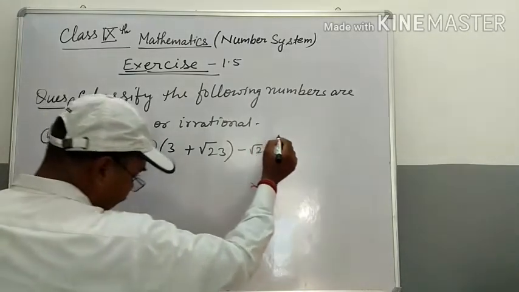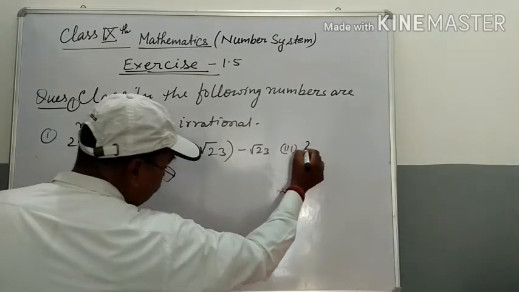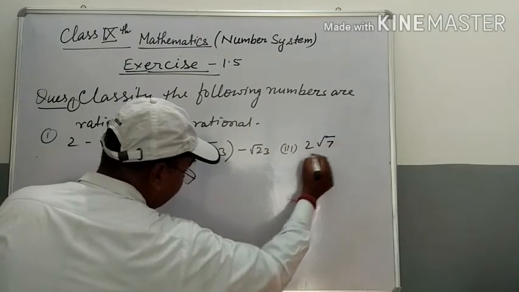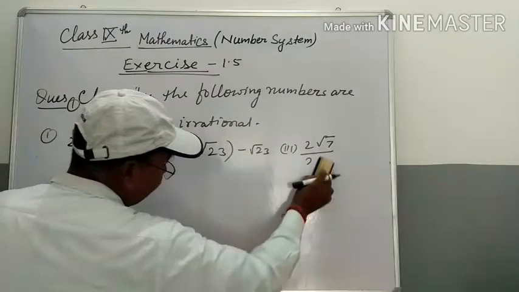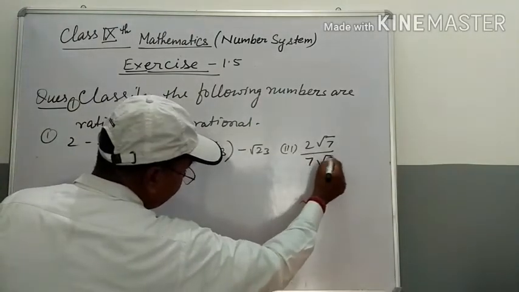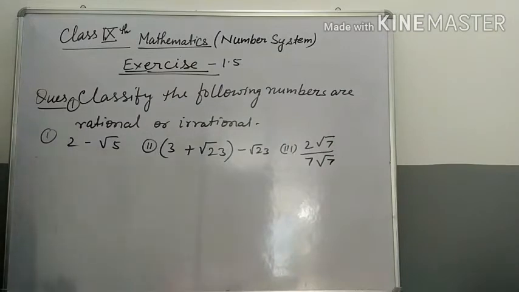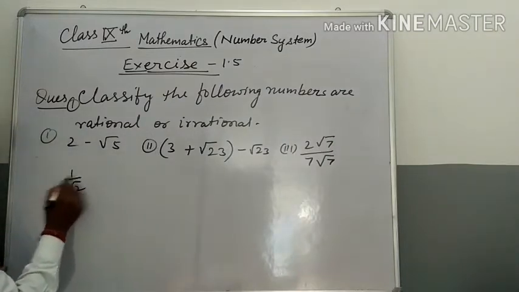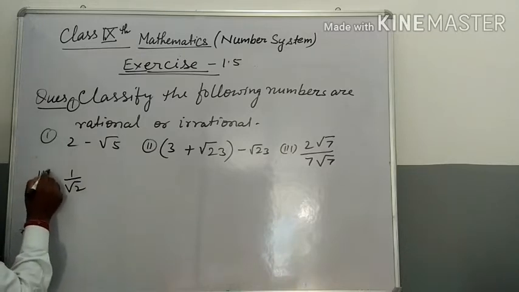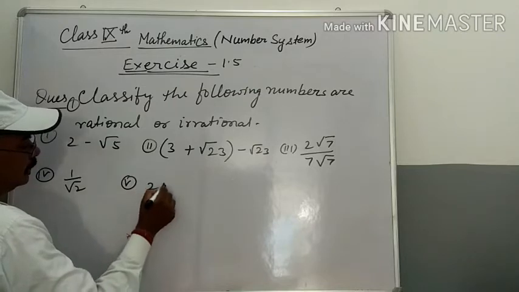Next, third, 2 under root 7 upon 7 under root 7. Next one, 1 upon under root 2, fourth, and fifth, 2 pi.